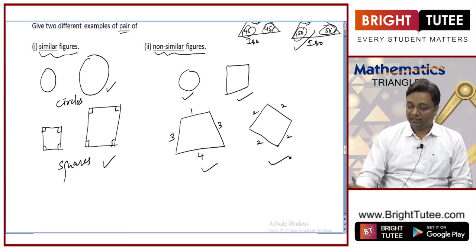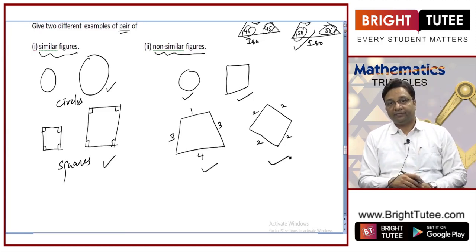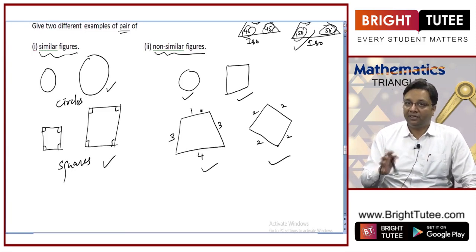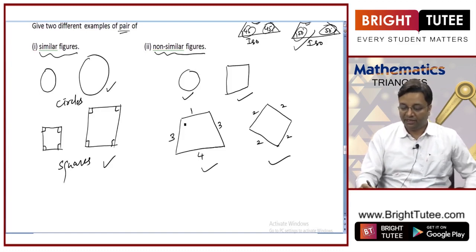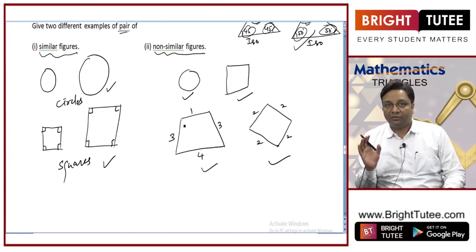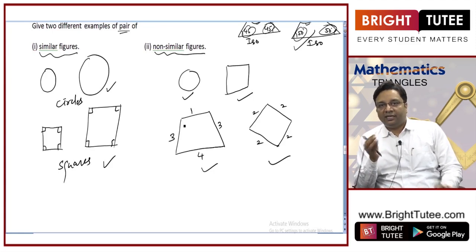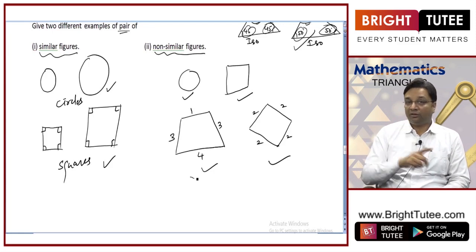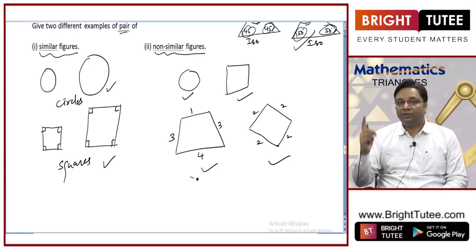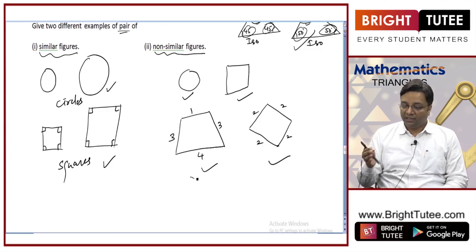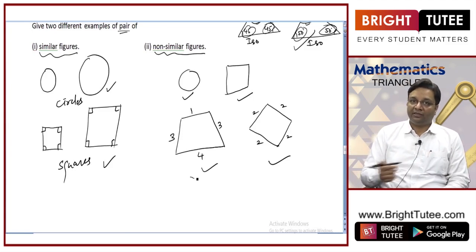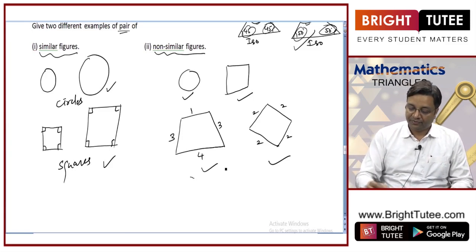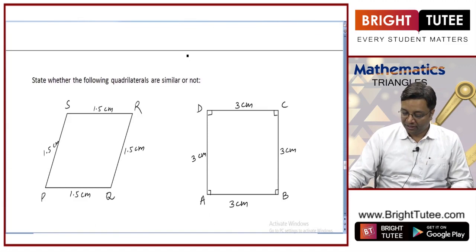So, these two quadrilaterals are not similar to each other, because I have taken the ratio of sides in such a manner that they cannot be equal, right. I am not concerned about the angles as of now, because if any of the conditions is not met in these polygons, out of those 6 conditions, that all the angles should be equal and all the corresponding sides should be proportional, these figures will not be similar figures, right. So, these are two examples for non-similar figures, okay.